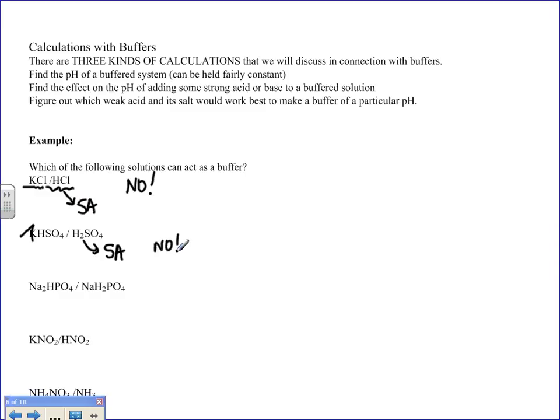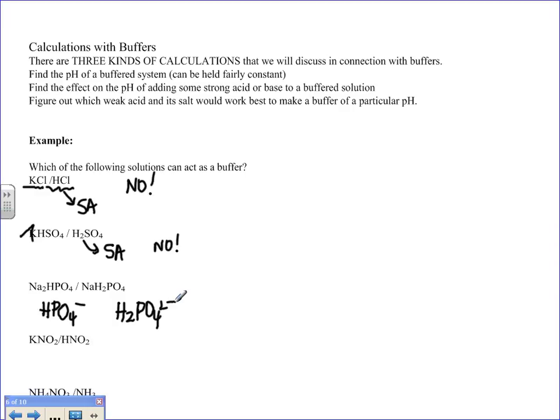This next example, we've got sodium hydrogen phosphate and sodium dihydrogen phosphate. So let's look at what these salts put into solution. Okay, the sodium hydrogen phosphate puts the ion HPO4 2 minus into the solution. And the sodium dihydrogen phosphate puts the dihydrogen phosphate ion into the solution. Sodium, recognizing it's one of the elements from our list of strong bases, is our spectator here.